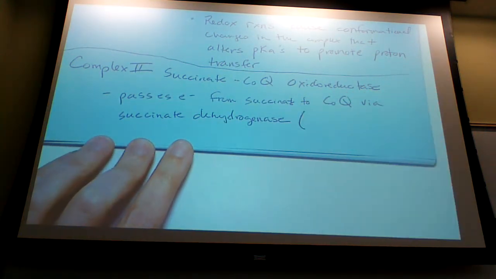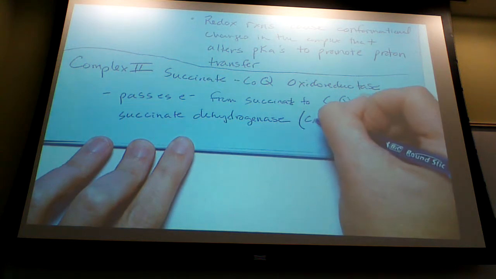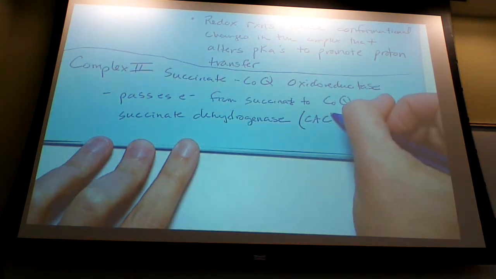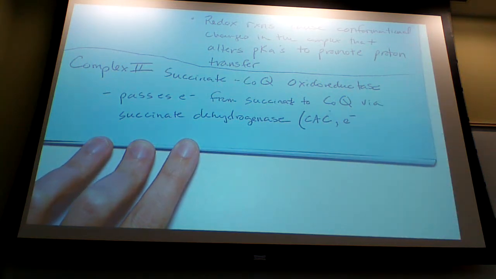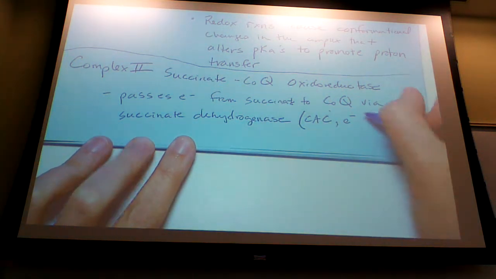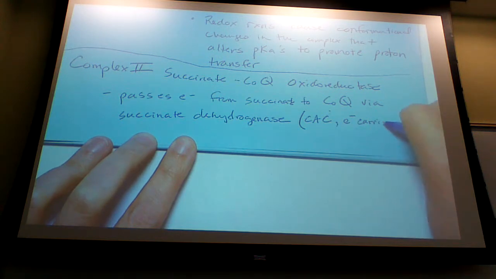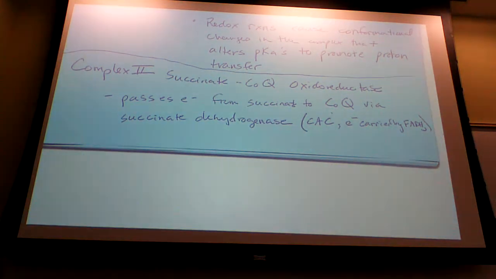What pathway? Citric acid cycle. And what is the carrier for those electrons? Okay, FADH2. So this is our entry route for electrons coming from FADH2.